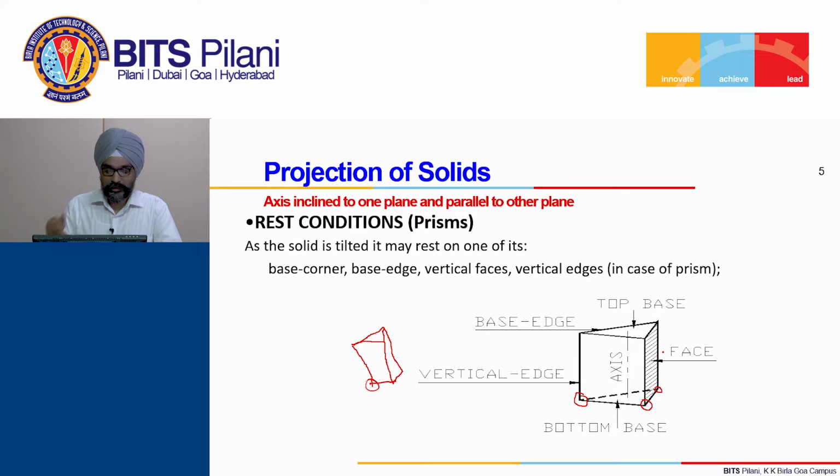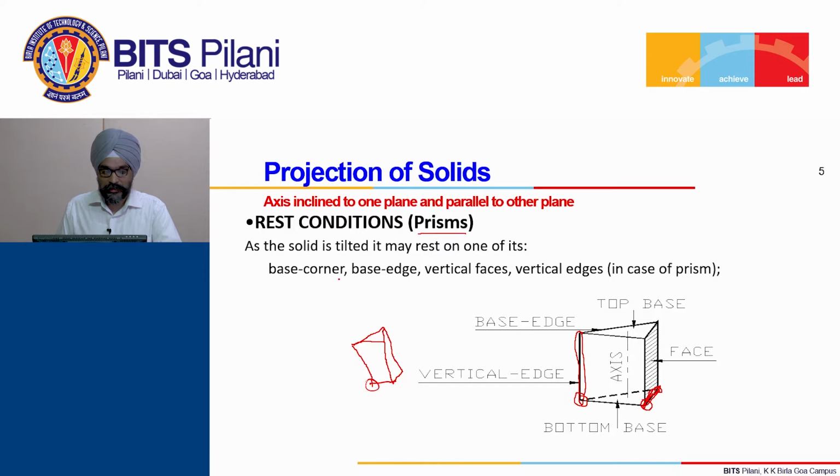There are a few more examples. If it is resting on the base edge, then we say this whole base edge is what we are focusing on. If it is resting on a vertical face, then we should understand that we are talking about this particular vertical face. Here we are talking about prisms.